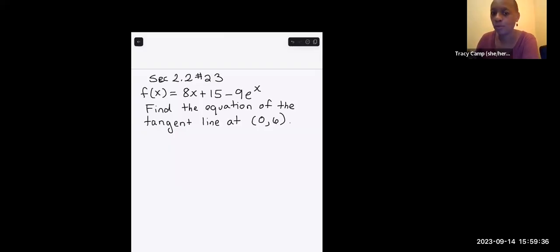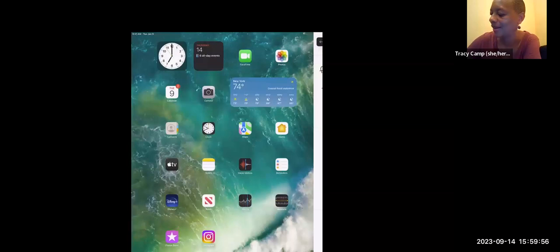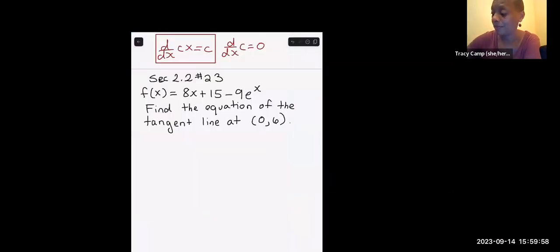A couple of rules I'll just remind everybody of: one, the derivative of a constant times x is just the constant. Two, the derivative of just a constant is going to be 0. Sorry, everybody.